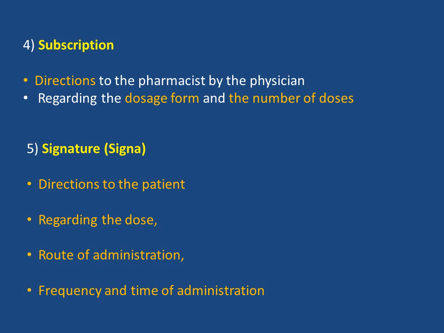It helps in rapid identification of the medication in emergencies such as overdose. Students should not get confused between this signa and the signature of the physician, which comes at the end. This signa is the directions for the patient.